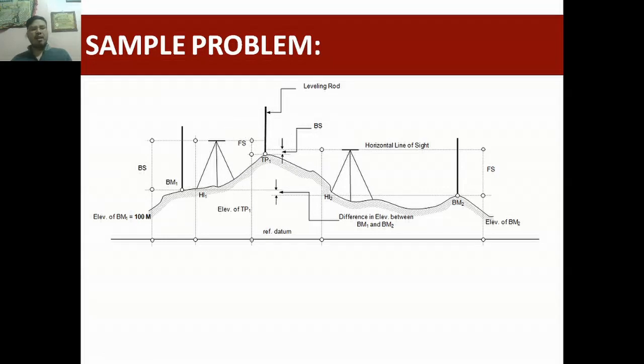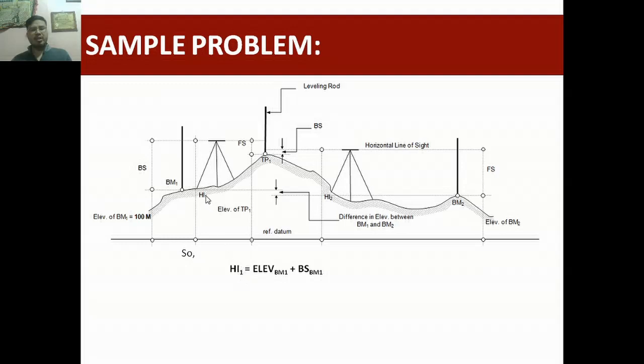Simple. The elevation of benchmark 1 plus the backsight on benchmark 1. So the elevation plus the backsight, what is that? That is the height of instrument from the reference datum to the center of the instrument or the line of sight.